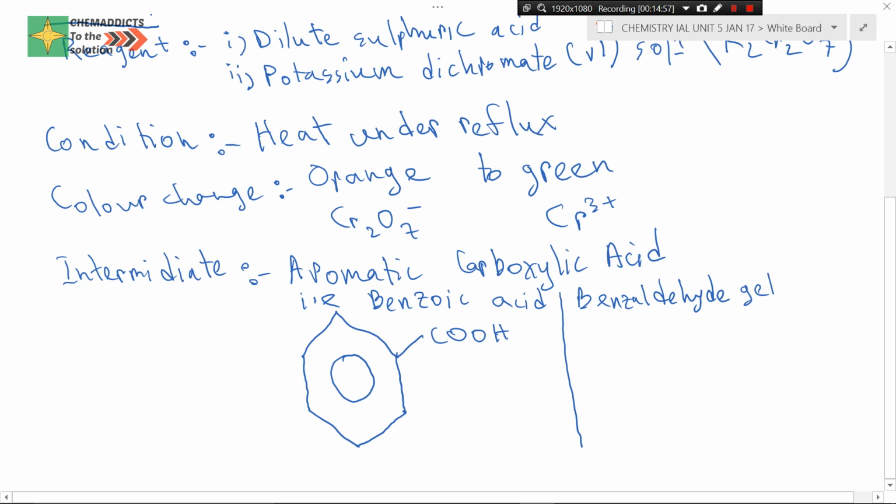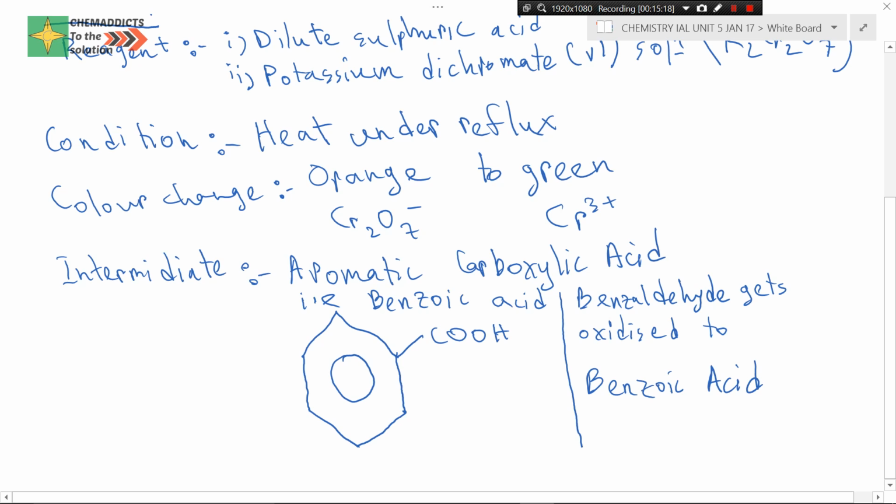Just as before, benzaldehyde gets oxidized to benzoic acid.